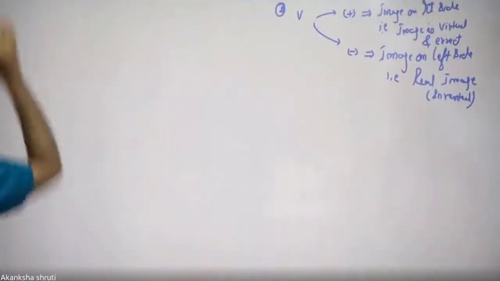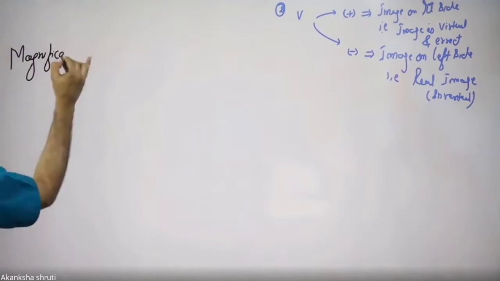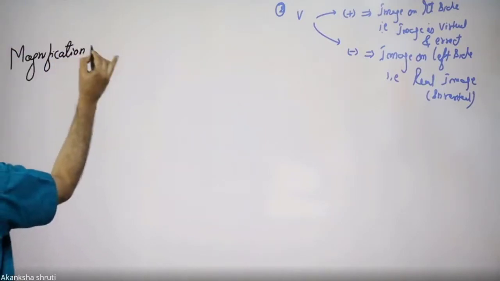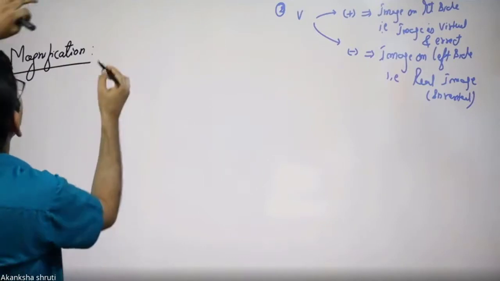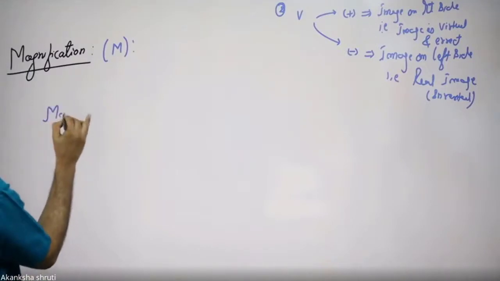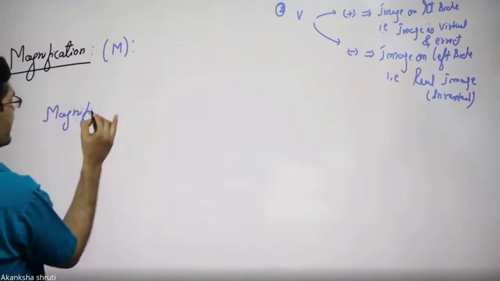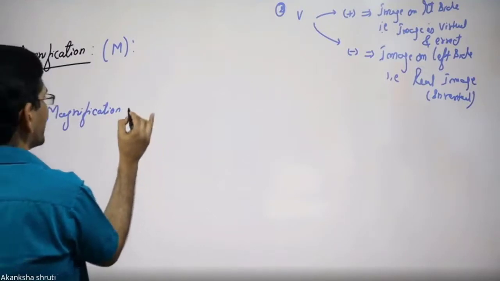Student, the next one is our magnification. So what is this magnification? Magnification is a very simple thing, commonly denoted by the symbol M. The magnification simply tells how the image size is with respect to the object size.